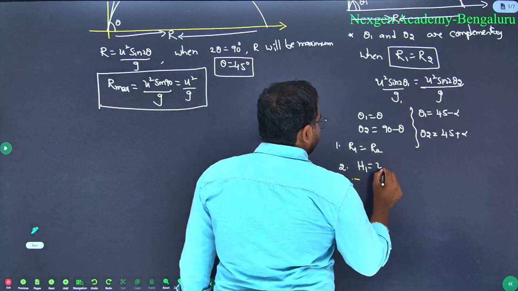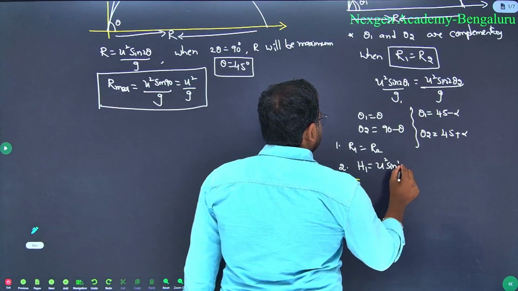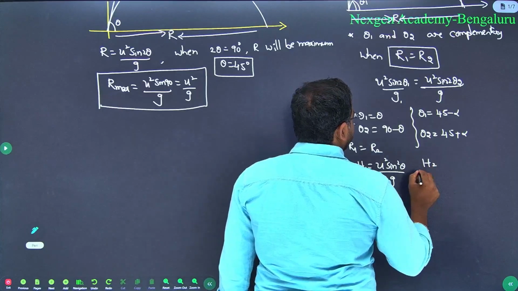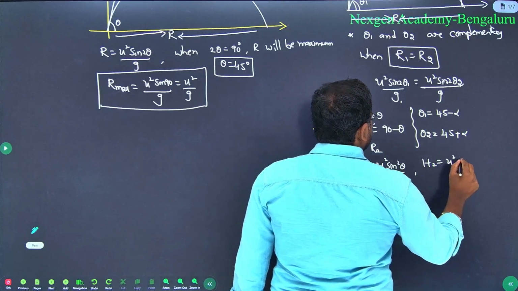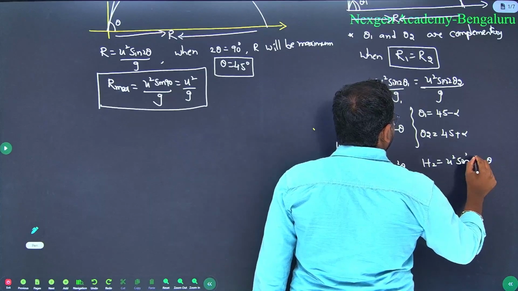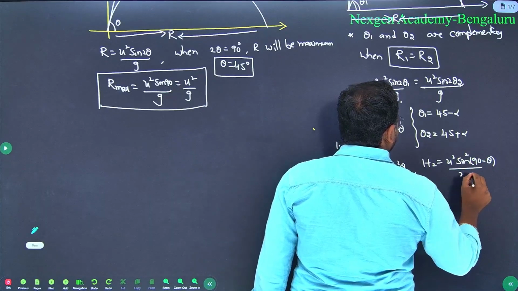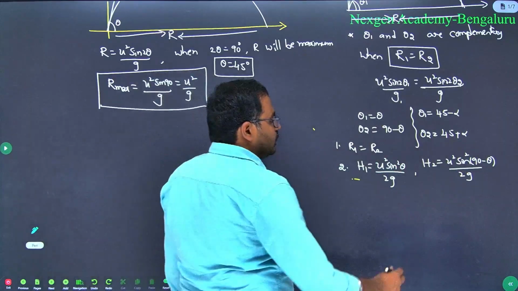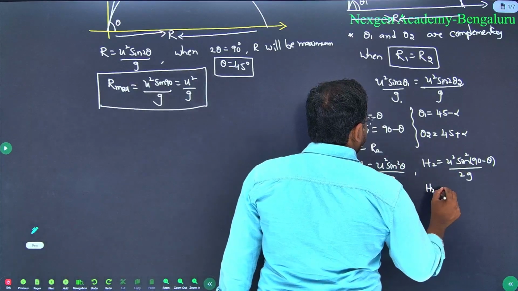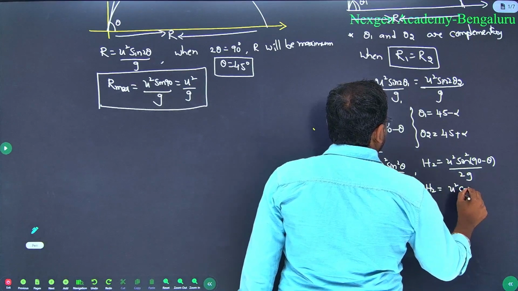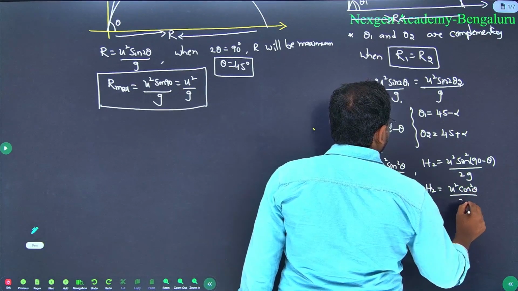H1 is equal to U square sin square theta by 2g, and H2 is equal to U square sin square of (90 minus theta) by 2g, because theta 1 is equal to theta, and theta 2 is equal to 90 minus theta. So H2 can be written as U square cos square theta by 2g.